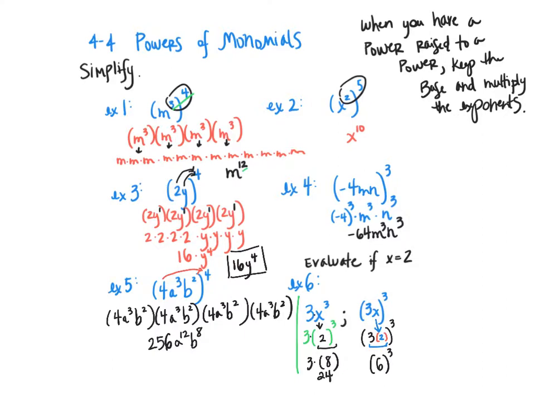And then 6 raised to the 3rd power is just 6 times 6 times 6, which would give you 216. You can also check these on your calculator if you will use your store function and do 2, store it as x, and then enter your original problem. You'll see that that checks out. Okay.